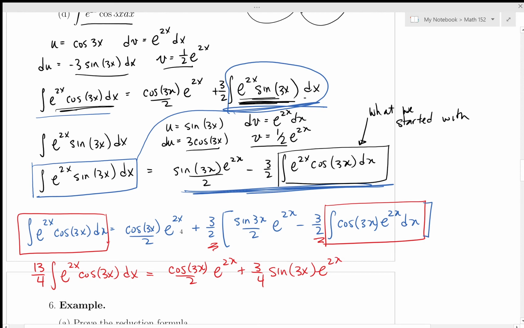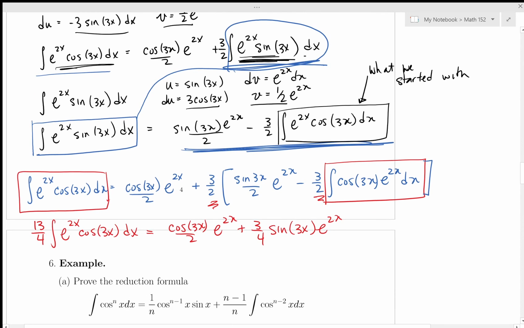Okay, almost done, right? I have 13/4 of what I want equal to this, so I'm going to multiply both sides by 4/13, and I get this thing here.